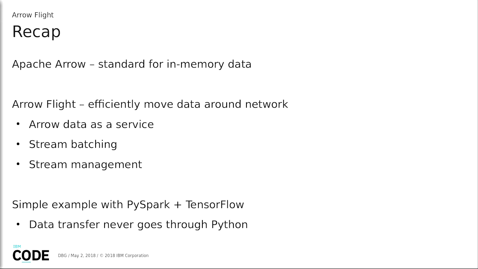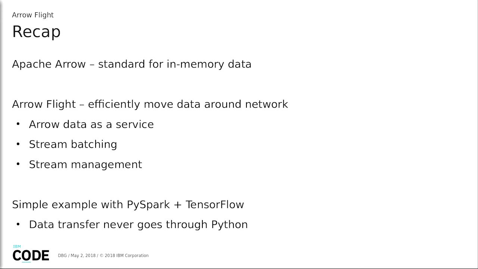And there's 3 main points that you want to cover with that. The first is using Arrow data as a service, which allows us to provide a producer-consumer relationship between Arrow data. The idea of stream batching, which is taking this Arrow stream and being able to define a flight, which represents our data all over the network.